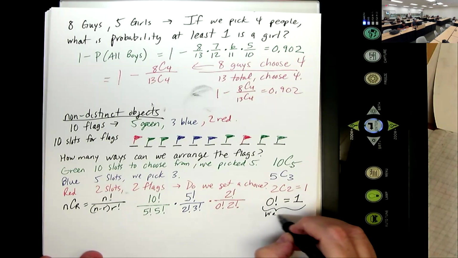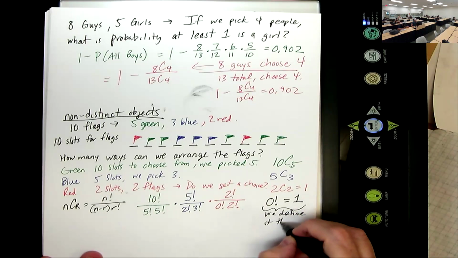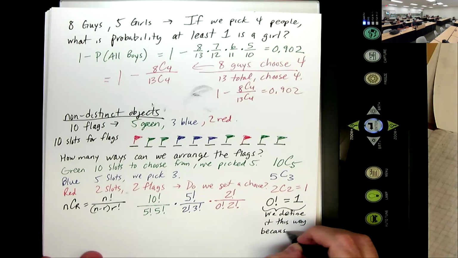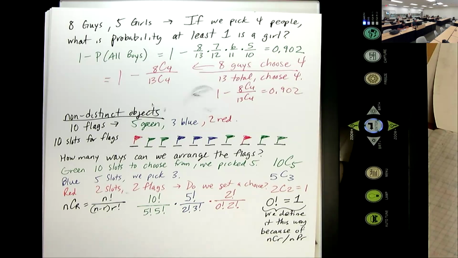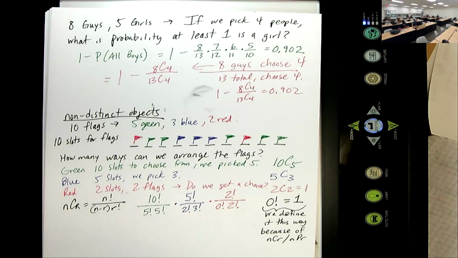We define it this way for this type of problem, because of n choose r. We need it. We can end up with a 0 factorial in these problems and we need something. It can't just be divided by 0, because we know dividing by 0 is bad. Y'all with me here?